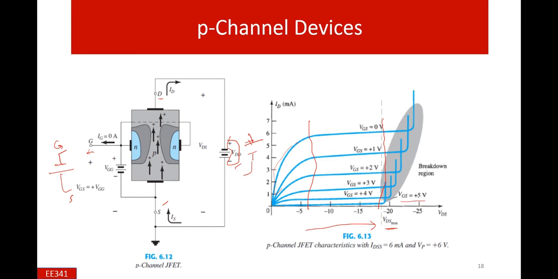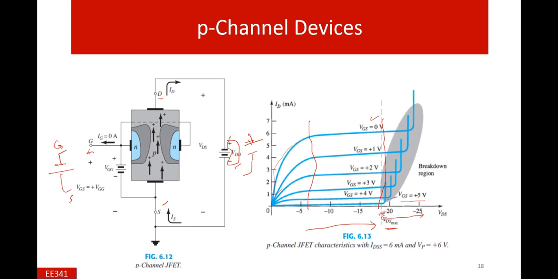For this case, the breakdown region occurs in a fast way. For example, when VGS is 0, we can apply a further VDS value. And if we change VGS from 1 to 3 or more positive, for example 5, the value is like this.